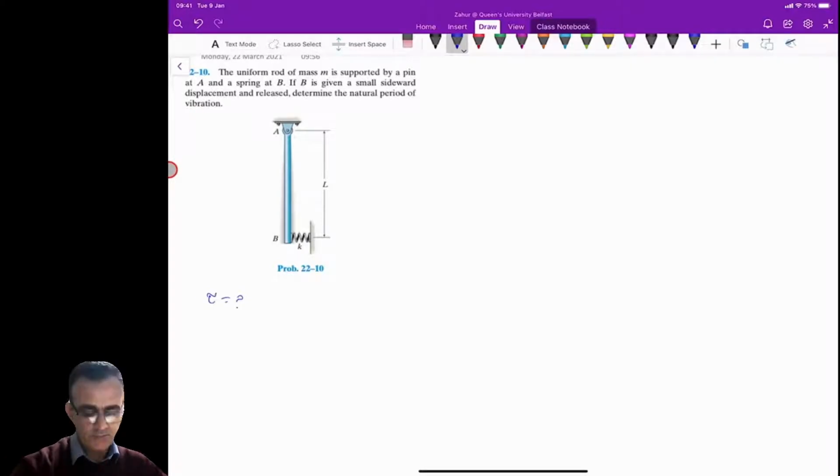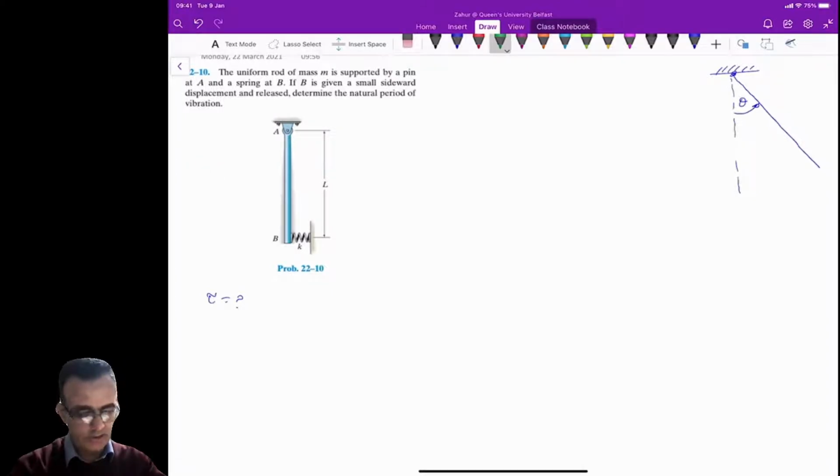Okay, so in this case, if you draw the free body diagram here, we will consider a small angular deflection here, which is theta. Again, we are assuming that theta is very, very small.